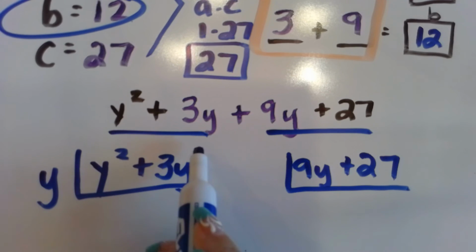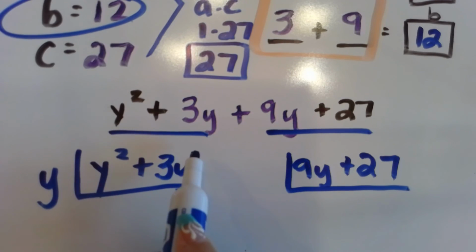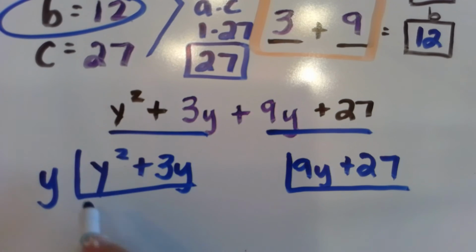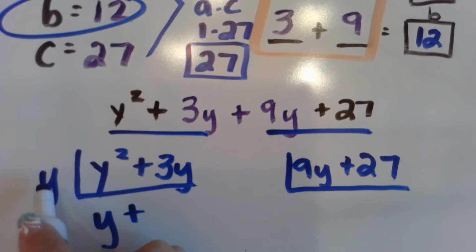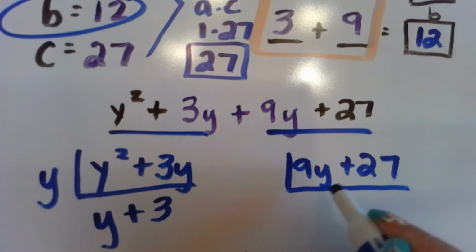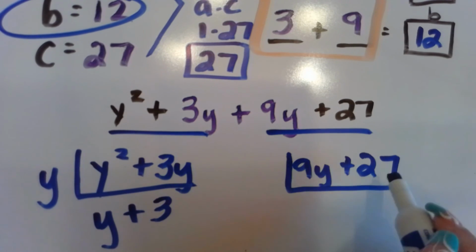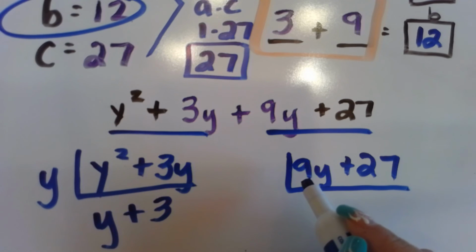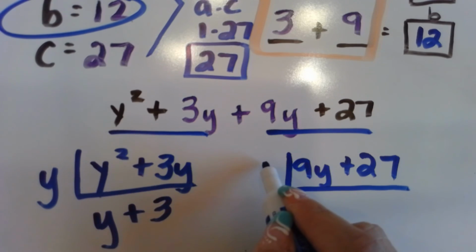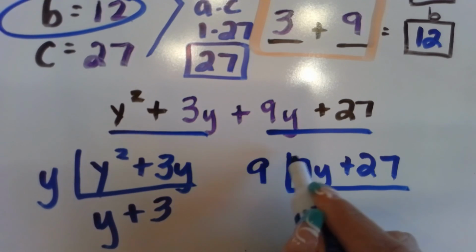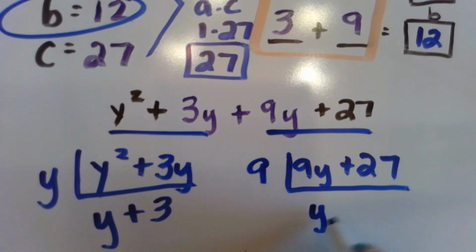The one with the smallest exponent is right here, so that's the only one we can take out. So y squared divided by y is y, plus 3y divided by y, the y's cancel out, and we're left with 3. And here, what do these two have in common? We're going to pull out a 9, because 9y divided by 9 leaves us with a y, plus 27 divided by 9 leaves us with a 3.